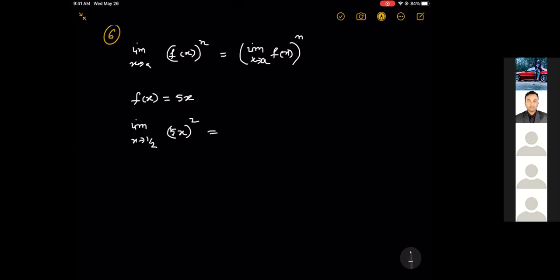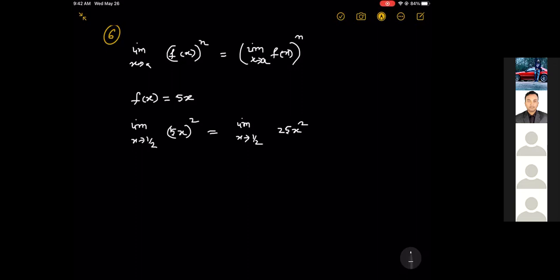Okay, so first of all, we can simplify it. So it will give us 25x squared. Okay. Now, a quick question. Can you see any law from the laws we have already seen? Can you see anything that we can use here? Anyone? Product law? Product law, yes, we can do that.